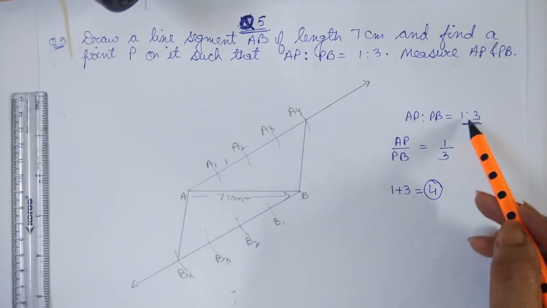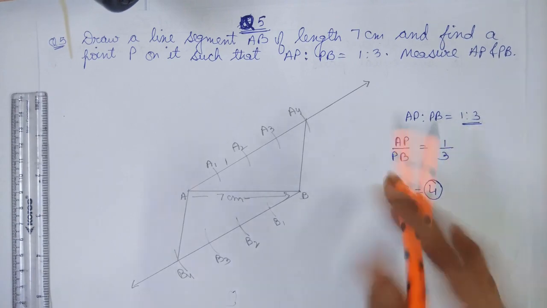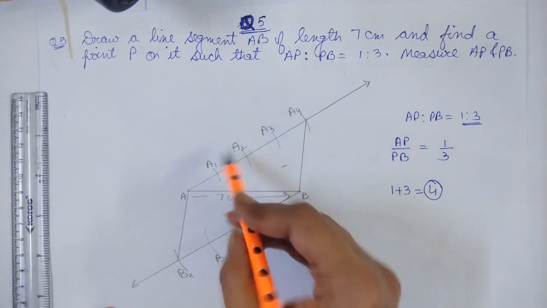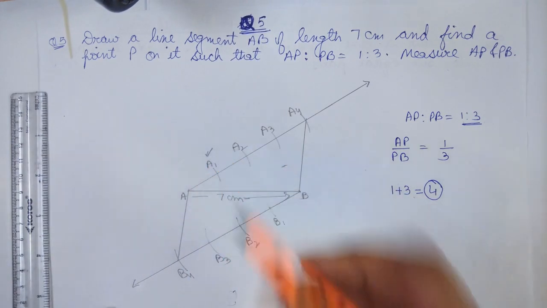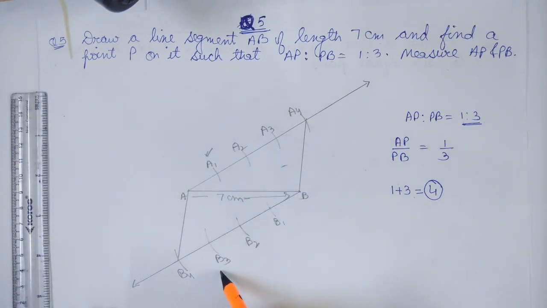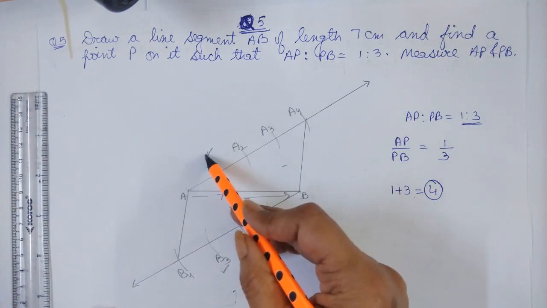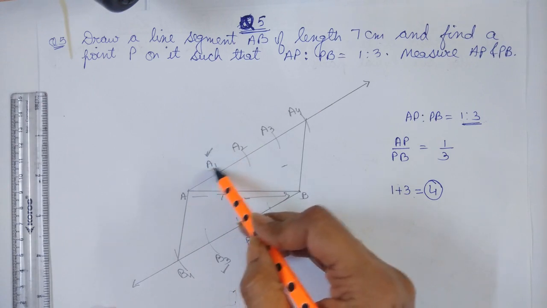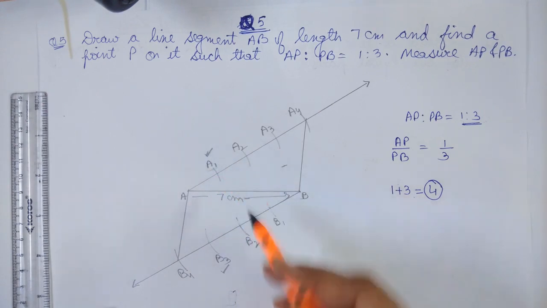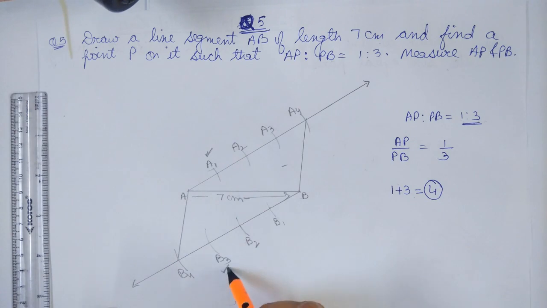Now what is written in the question? You have to take the division as 1:3. So from the upper side you will take the first division, and from the lower side you will take the third division, as we did in the previous question number 3. So 1:3. First division from the upper part, A1, and from the lower part B3.